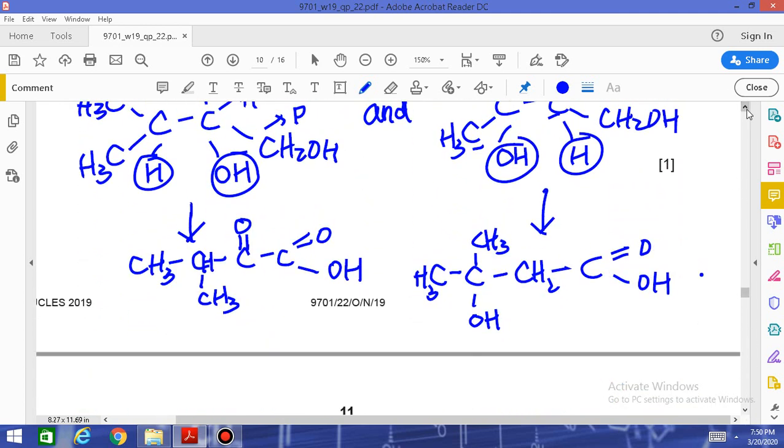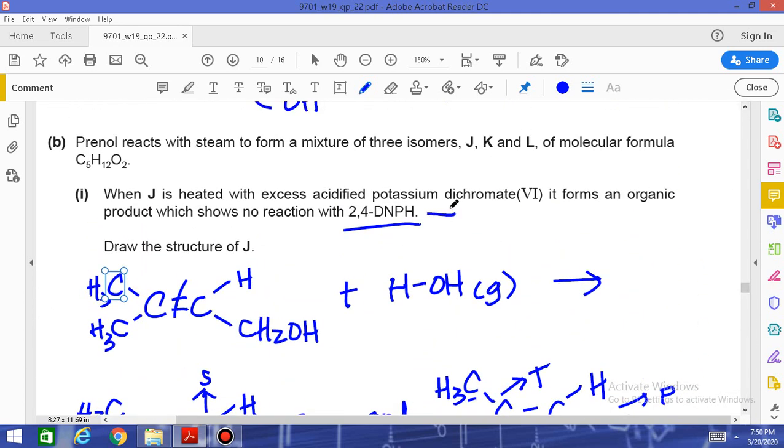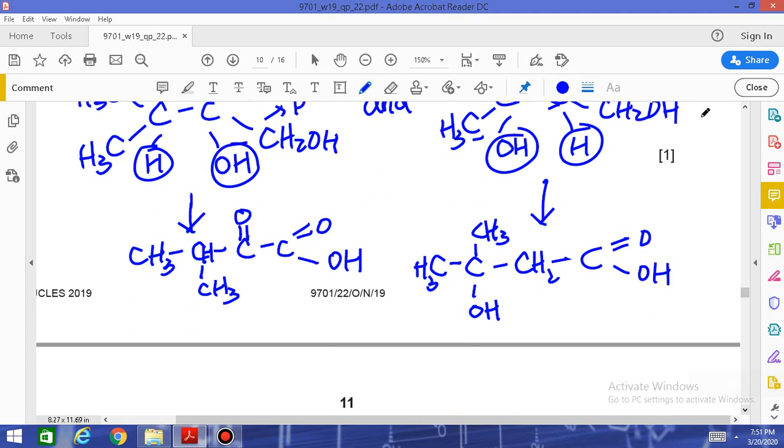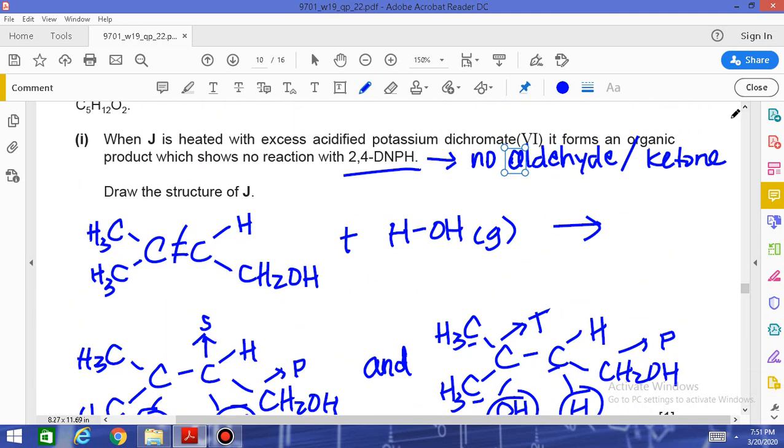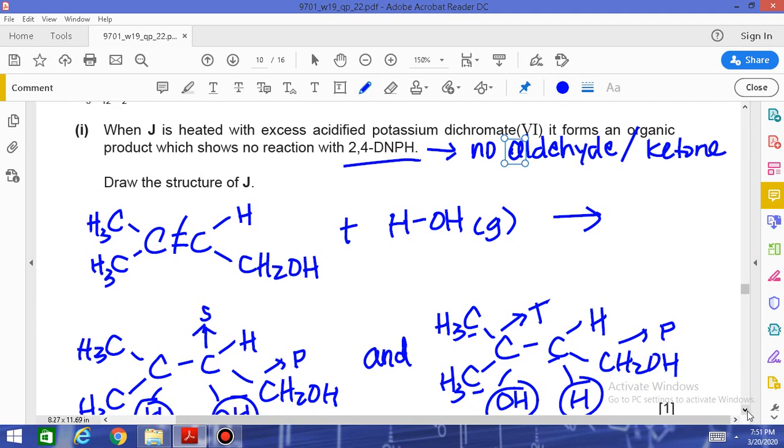So there is no aldehyde or ketone, so there is no carbonyl compound produced. Remember, 2,4-DNPH is a reagent used to test for the presence of a carbonyl compound. It can be an aldehyde or a ketone.